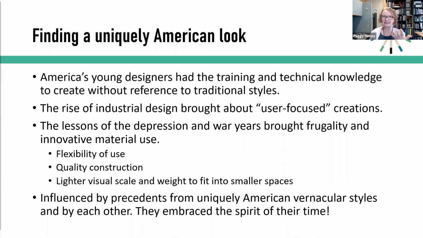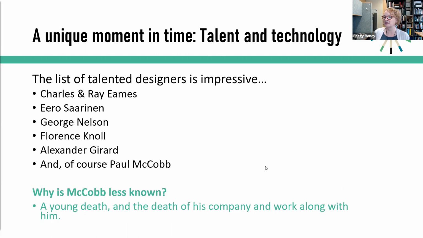It did exist side by side with more traditional Queen Anne and Chippendale pieces being sold as well. But its flexibility and scale made it a natural fit for the smaller homes of the day. So here are some of those really talented designers, and the list is quite impressive.